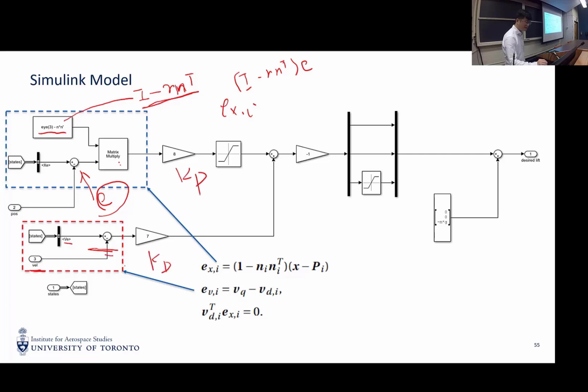So this is the KP and KD. This one gives the EX, and this one gives the EV. So as you can see, very small modifications compared with position stabilization control, right? We only modify the position error a little bit with the path definitions, and then we add a target velocity.